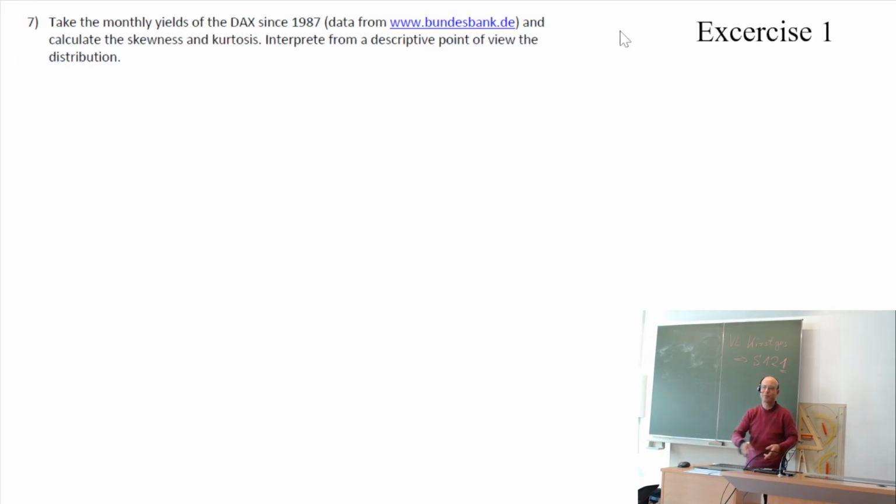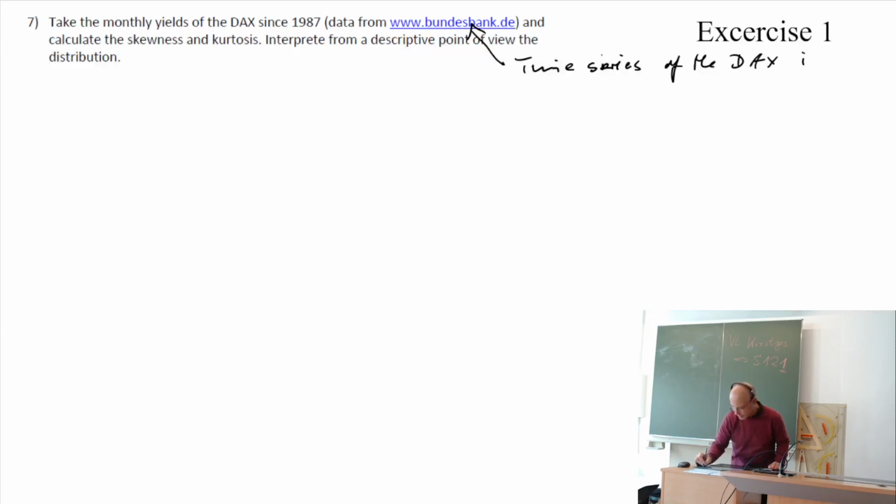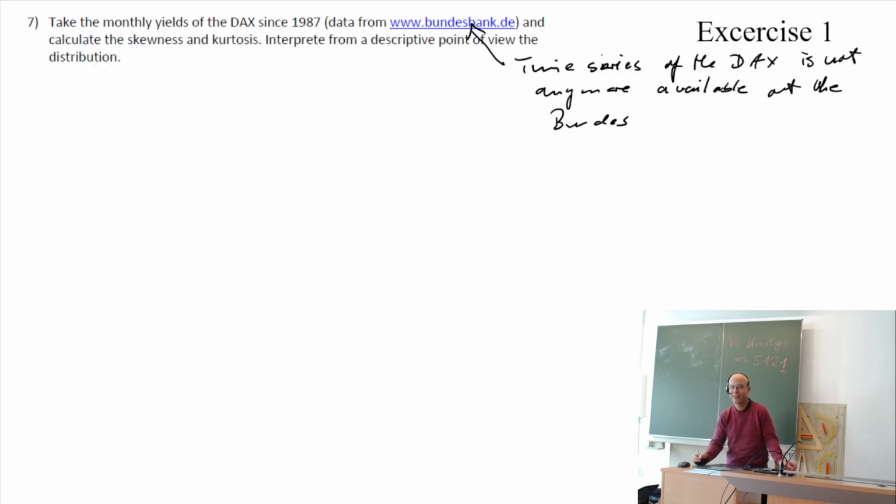Maybe there are some problems that the German stock market said that you are not allowed anymore to put the data. So the time series of the DAX is not anymore available at the Bundesbank, or I couldn't find it and I really tried it.